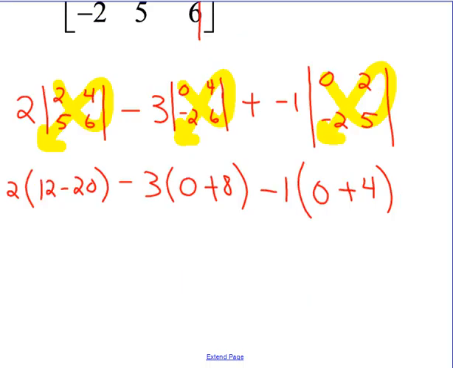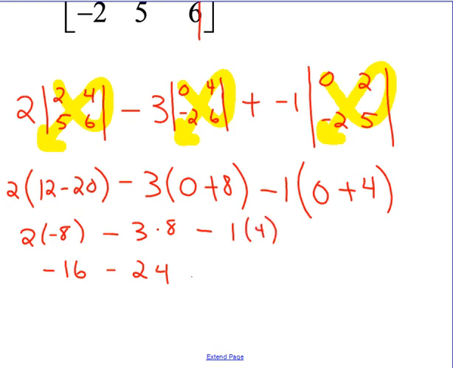Now I'm going to simplify this all up. 2 times negative 8, that's negative 16. And I have 3 times 8, that's minus 24. And I have minus 1 times 4, and that's also minus 4. All those put together, this gives me negative 20 and another negative 24. And my determinant is negative 44.